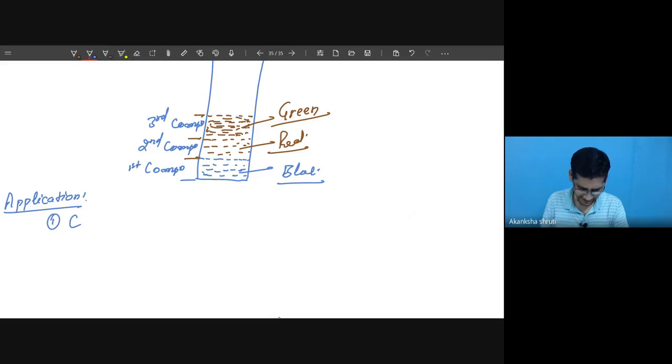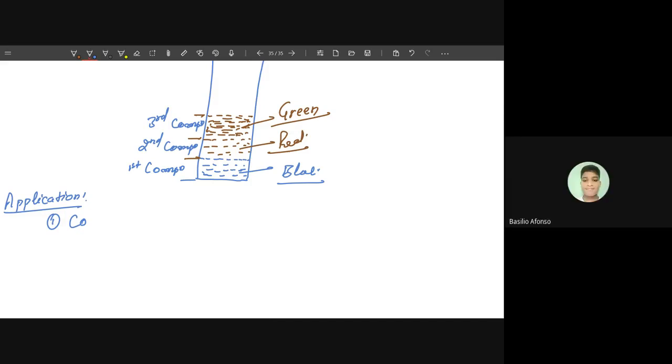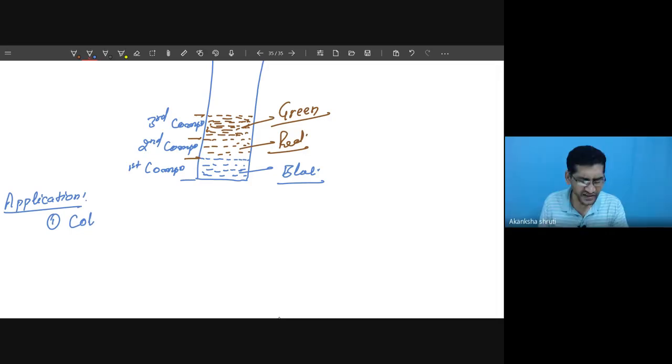Even the ink also contains different colors. Ink can also be separated by evaporation, but in that case there is a chance of breaking or sharding. The different colors are placed in different regions of the chromatographic paper. So, colors in a dye.